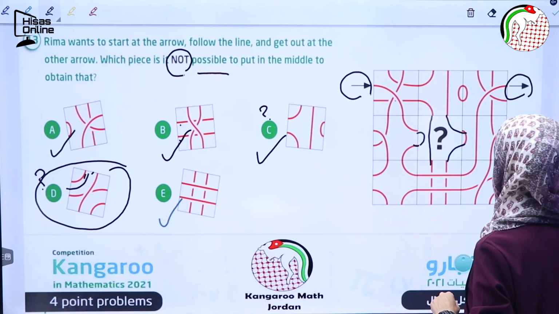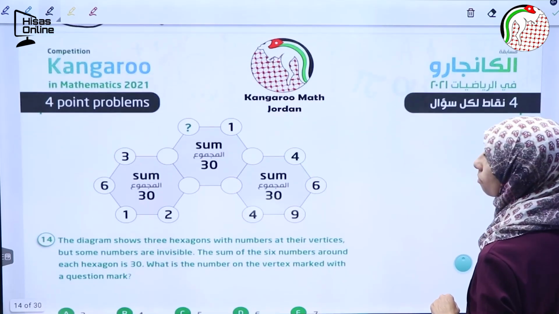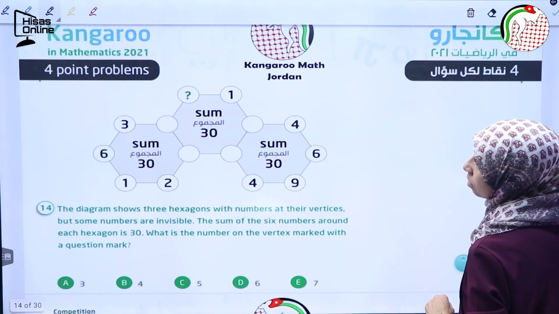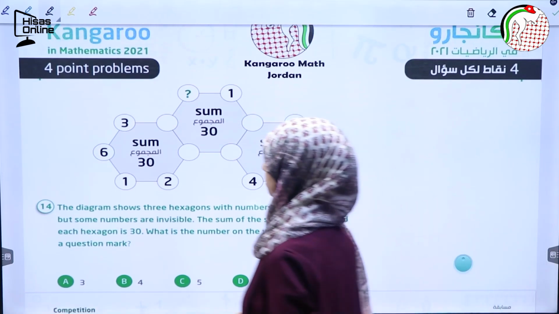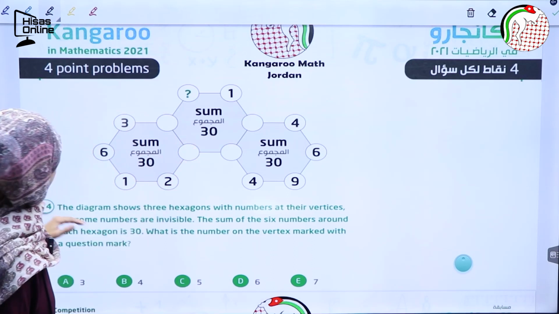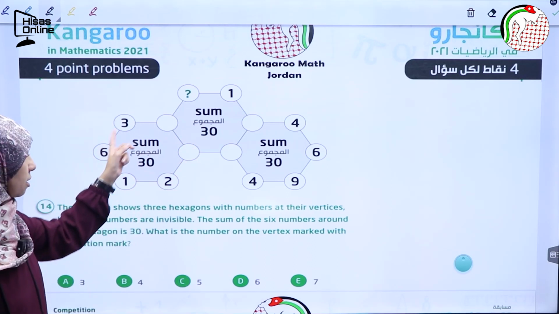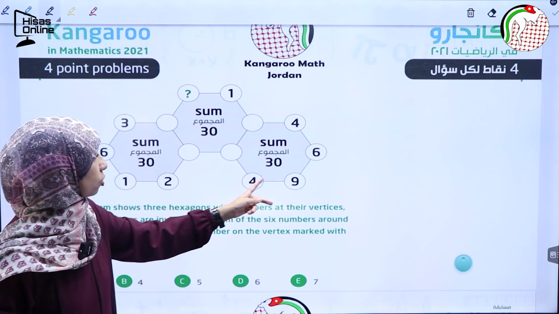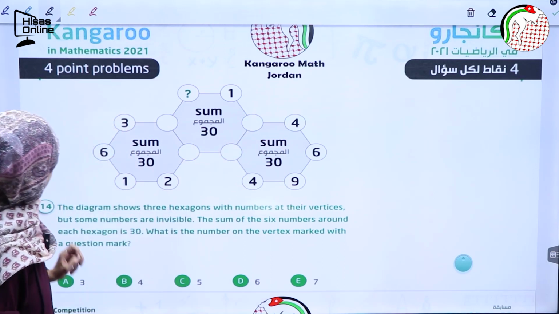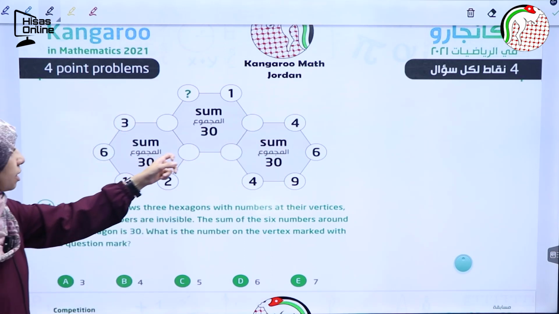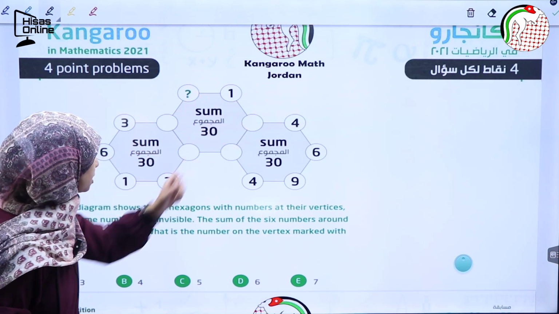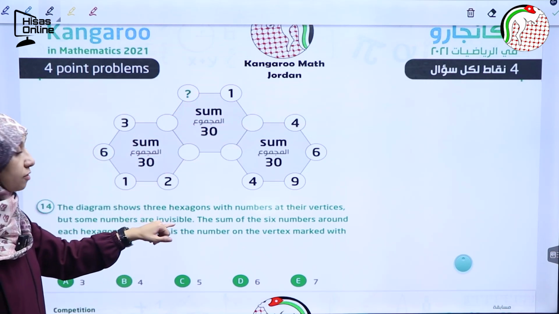Let's move to the next question. Question 14. We have this diagram, which shows 3 hexagons with numbers at their vertices. But some numbers, as you can see here, are missing. Those are invisible.